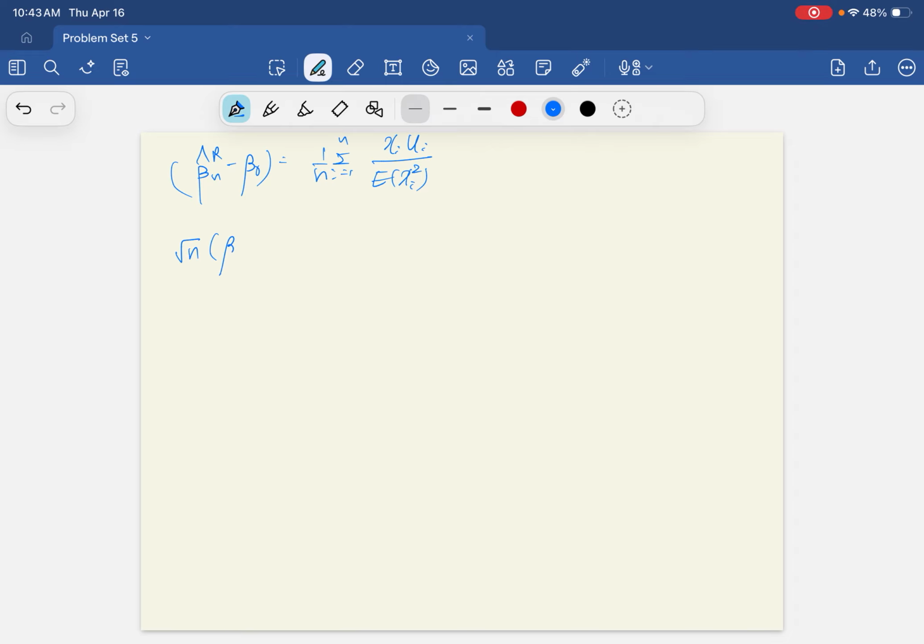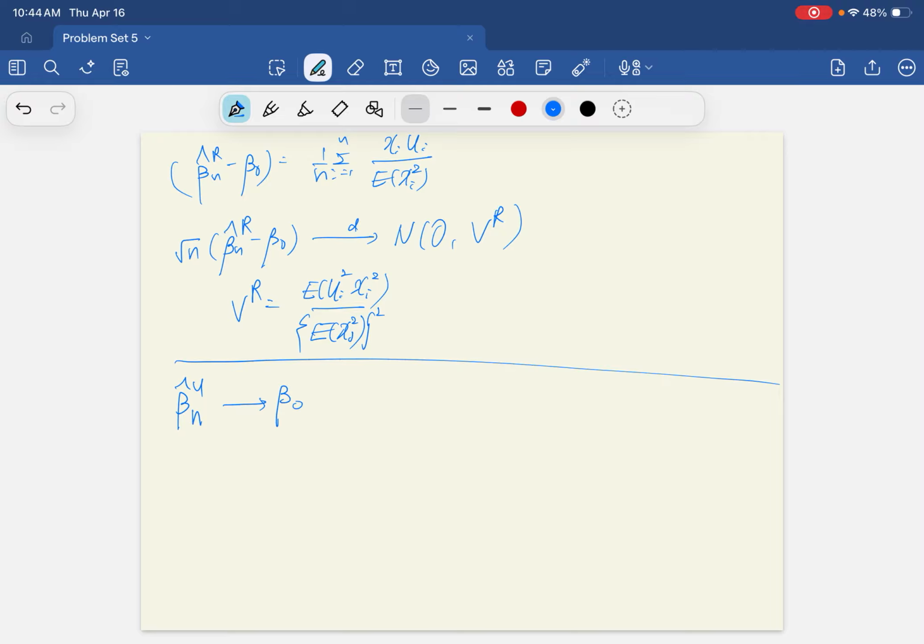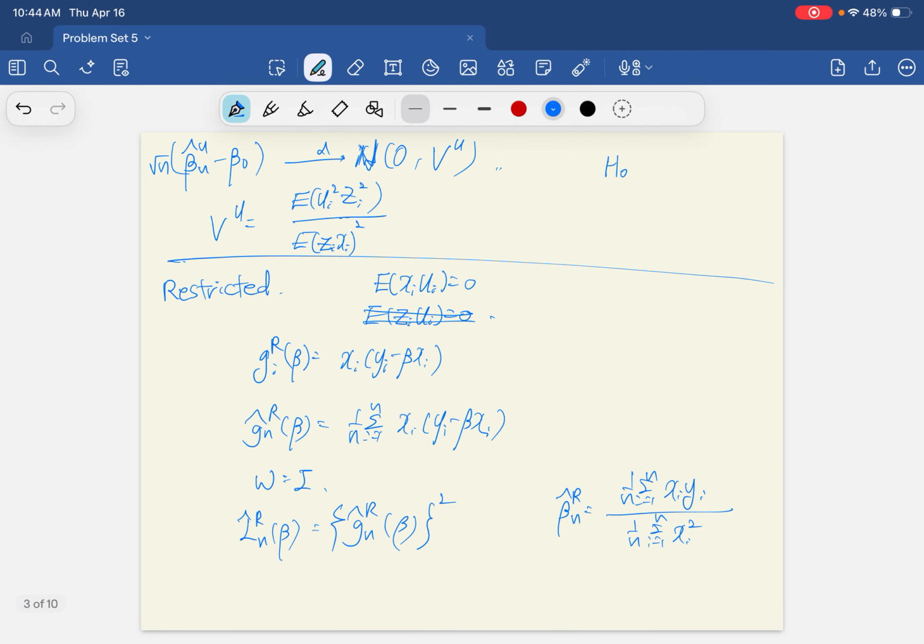Now then, let's think about the Hausman test. Let's put it this way: the unrestricted model always goes to beta 0, right? But the restricted model goes to beta 0 only if H0 is right, because it is utilizing the moment condition from the null hypothesis.